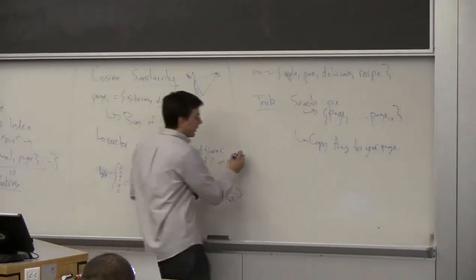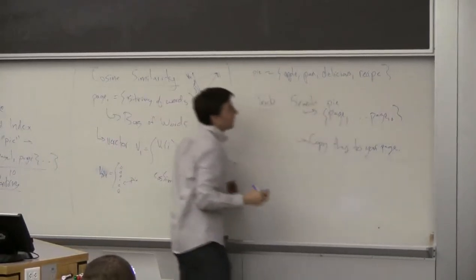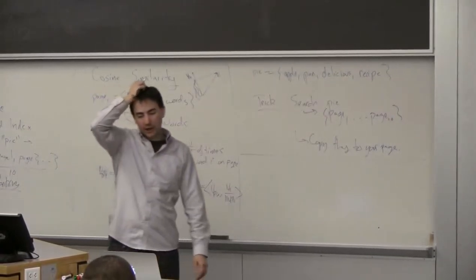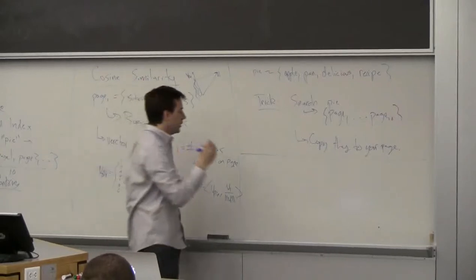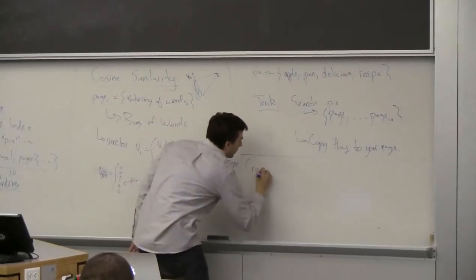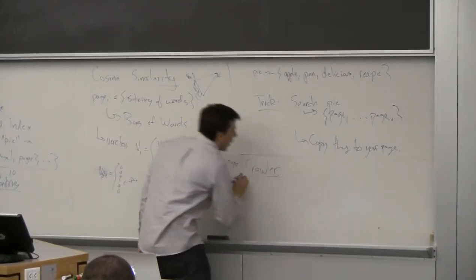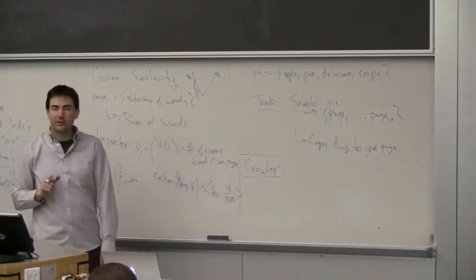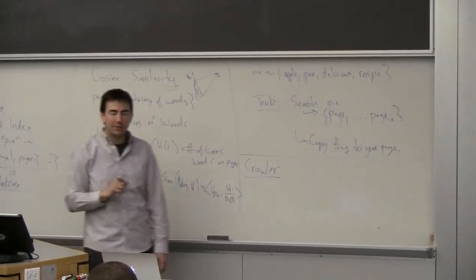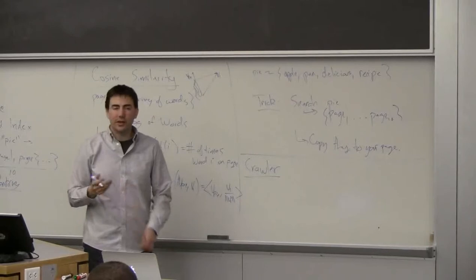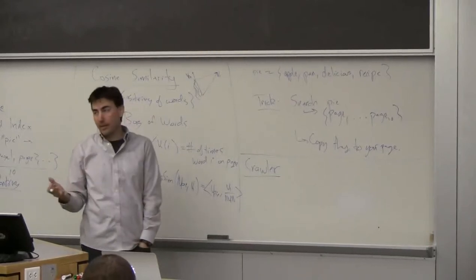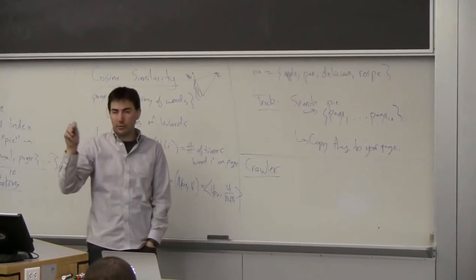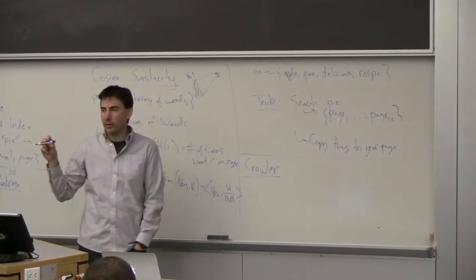Okay, so then the next idea that happened is that people said, well, we're going to use a crawler, okay? The idea of a crawler is that it's a program that automatically, kind of randomly, walks around the web.